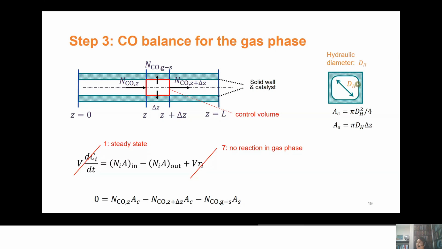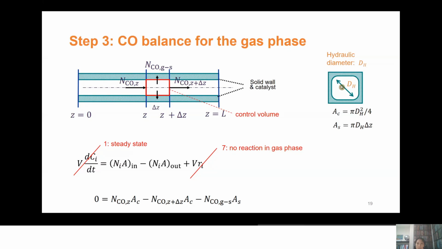Because the cross section is not circular, we will describe this non-circular cross section of the channel using hydraulic diameter. Hydraulic diameter is defined as the diameter of a circular cross section that gives the same hydraulic behavior as the non-circular duct or channel.